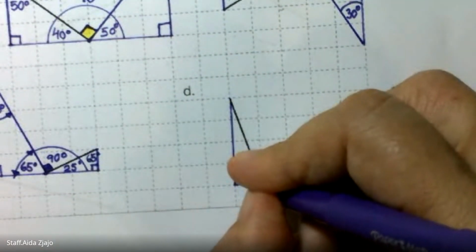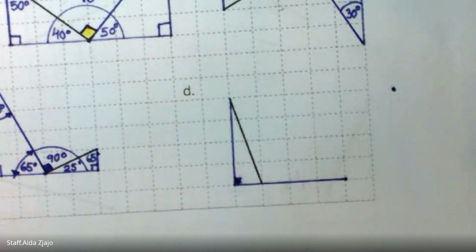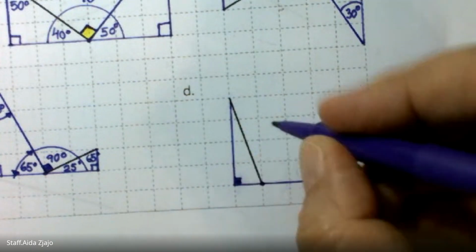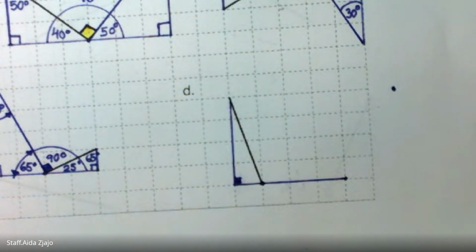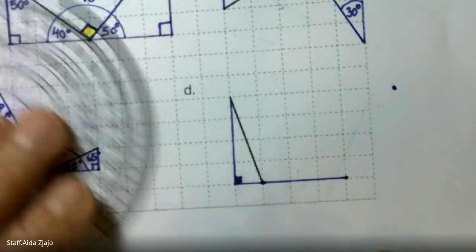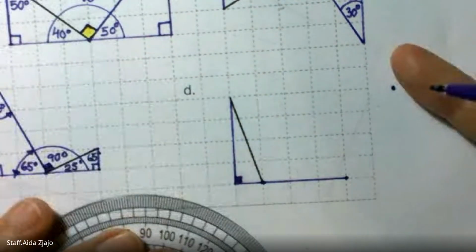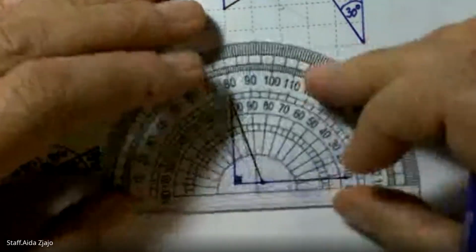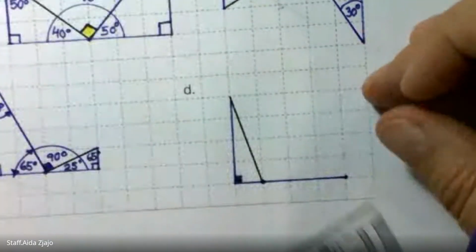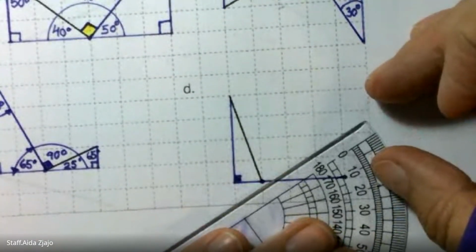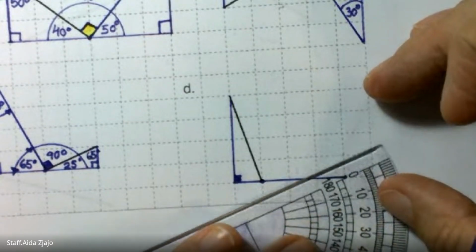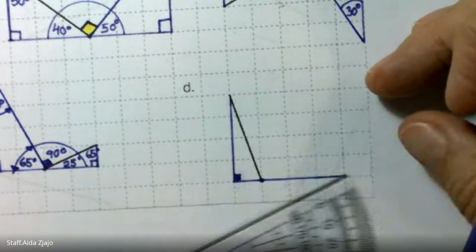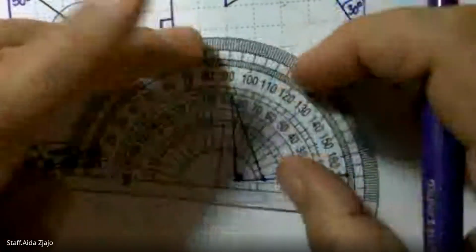So I know this is 90 degrees, and then I can measure this angle here, and that will help me to find what the other one would be. I can also create a right angle here, or even this, depending on the angle.